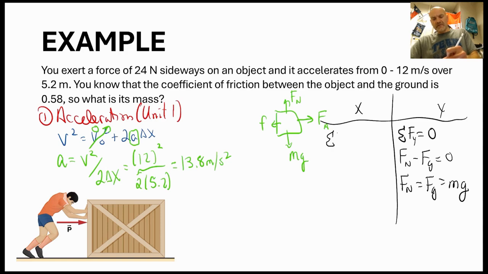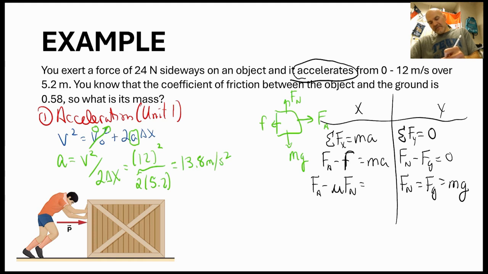And so we would do the sum of the forces in the x direction is ma, because it tells us we accelerate it, which means we have a net force in the x direction. So we have applied force minus friction equals ma. Let's plug in some expressions. So applied force minus friction, so mu Fn, equals ma.